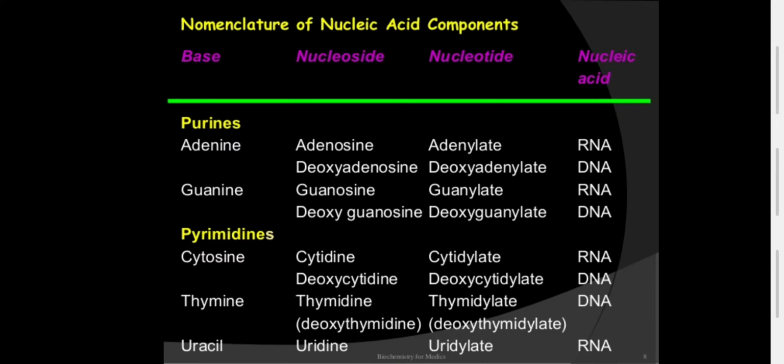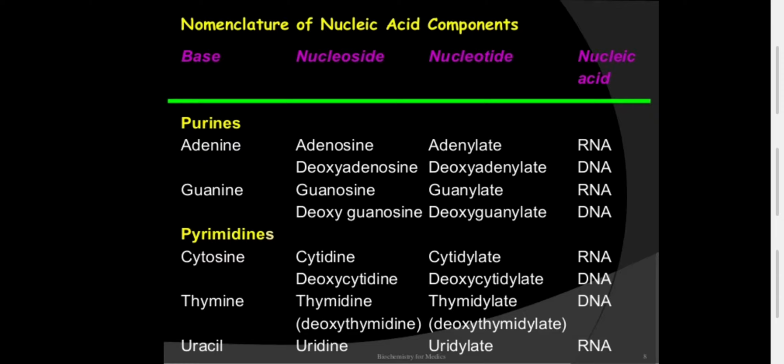Again, this is the nomenclature of nucleic acid, which gives the different nucleotides and nucleic acids of the different nitrogenous bases. As I've said, the difference between purines and pyrimidines is that the nitrogenous bases included in purines are adenine and guanine, while pyrimidines have cytosine, thymine, and uracil.